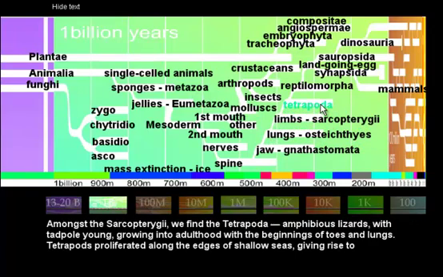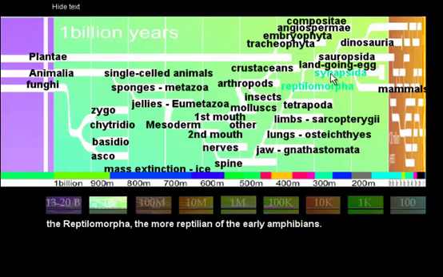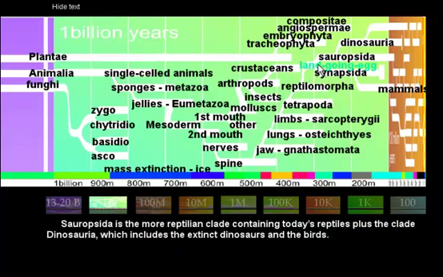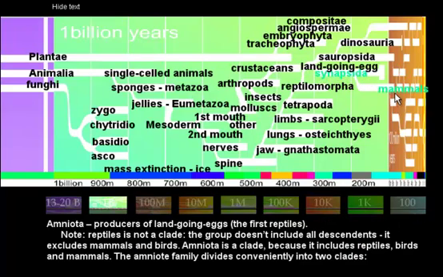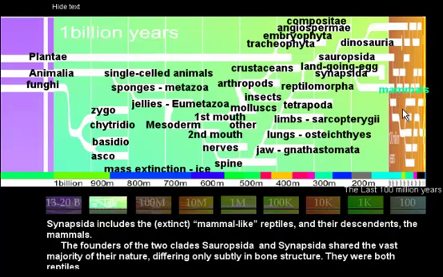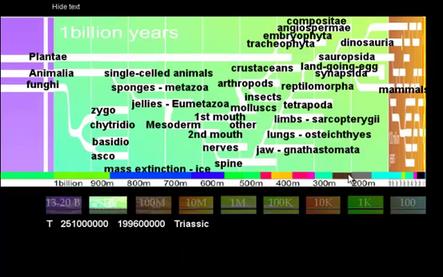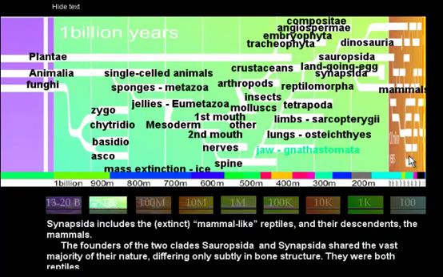Then we have toes, and we have amphibious frog-like creatures, and then we have, going on to land, laying eggs on land, which is the first reptiles. Synaptids are reptiles that are mammal-like reptiles, and then the mammals. So let's have a look at the last 100 million years, see how the mammals get on.